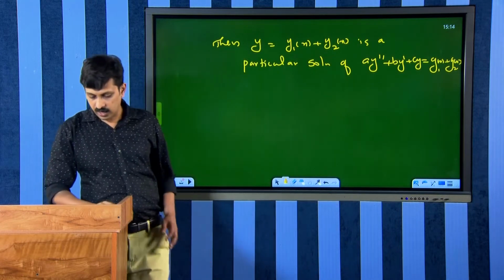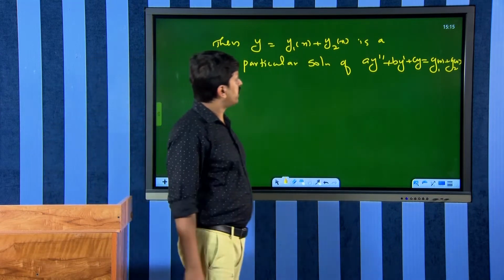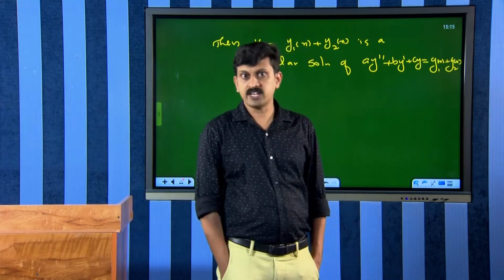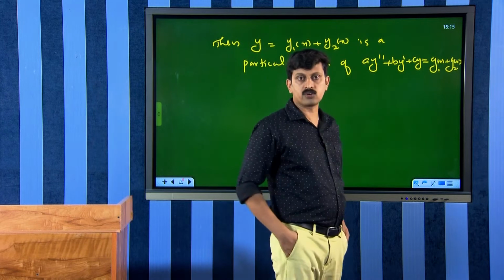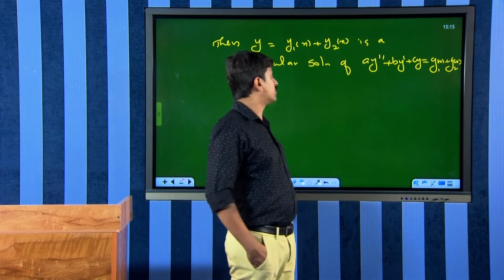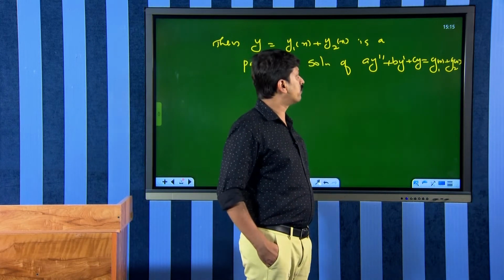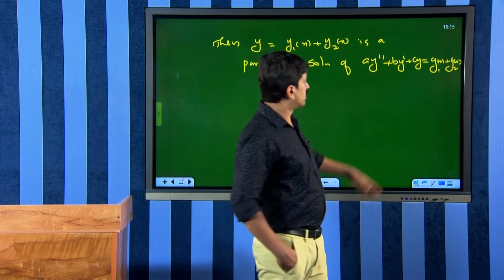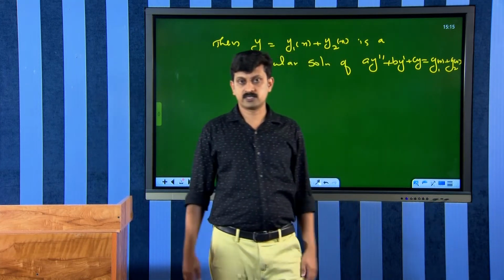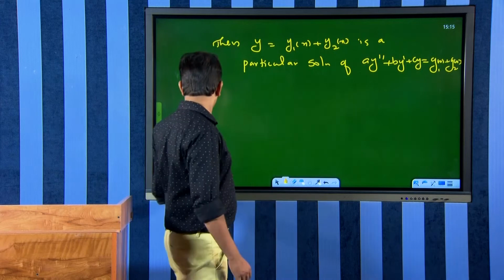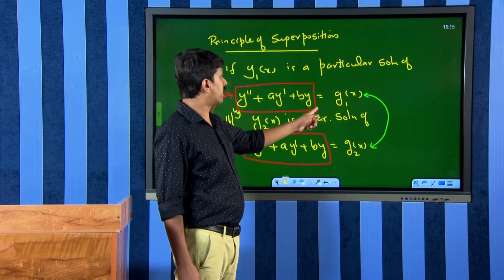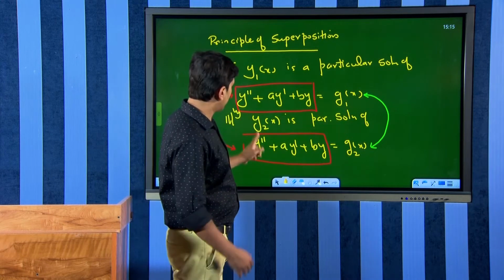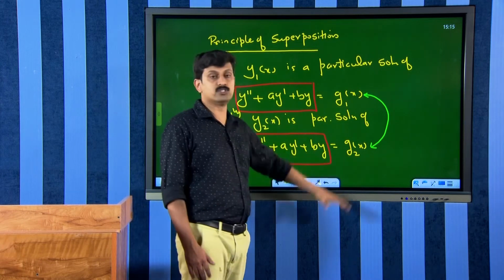So, dear students, I would like to say, to find a particular solution of the second order linear non homogeneous equation a y double dash plus b y dash plus c y is equal to g1 of x plus g2 of x, it is enough to find the particular solutions of y double dash plus a y dash plus b y is equal to g1 of x, and y double dash plus a y dash plus b y is equal to g2 of x.